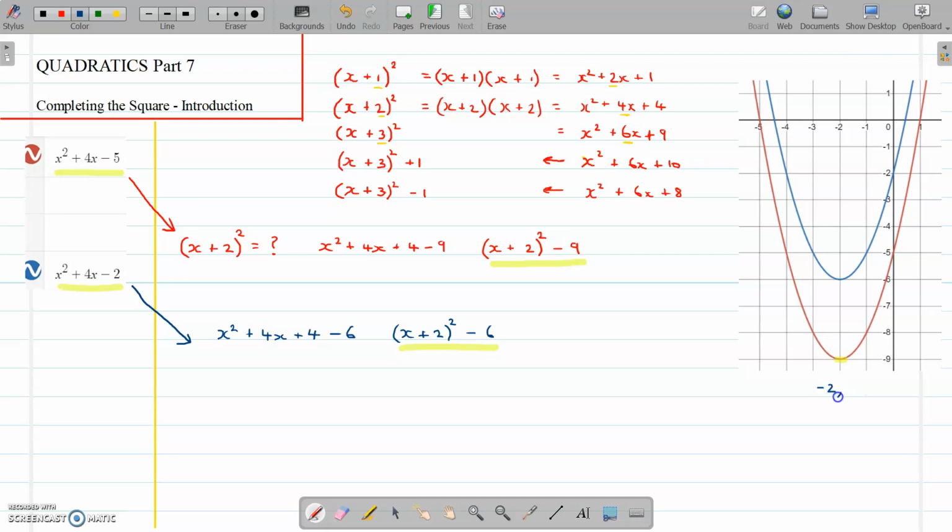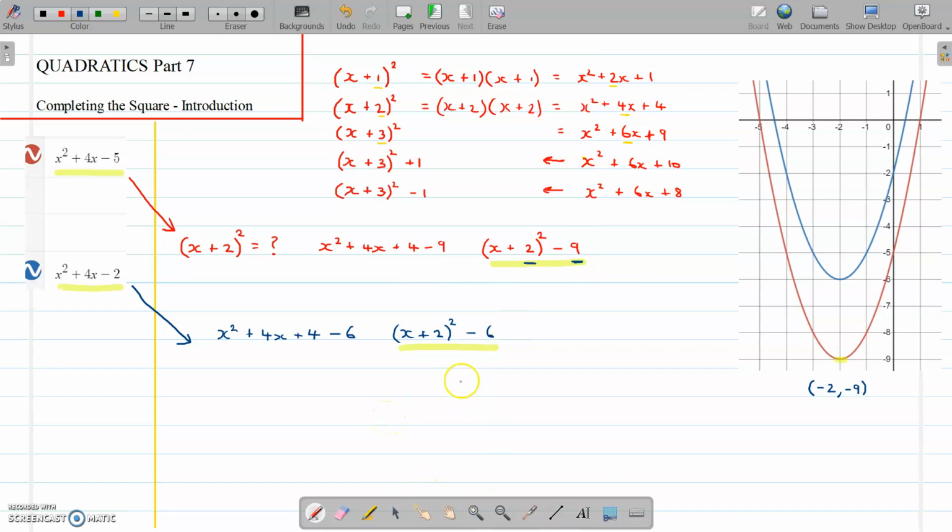That's the minimum point on the graph where it turns and starts to go up again. Now, compare that with the completed square form and just notice two things, that number there and that number there.